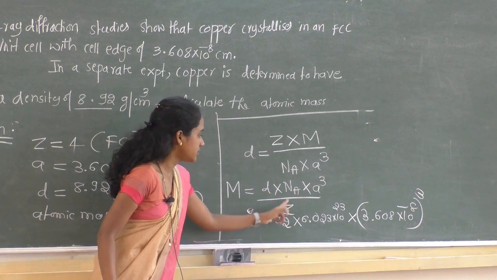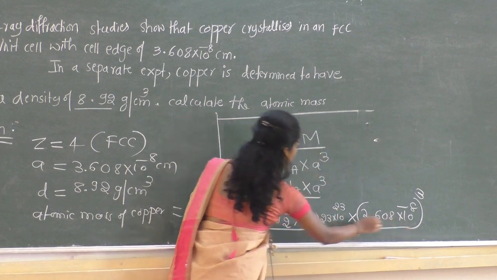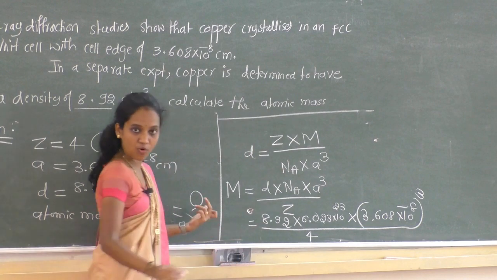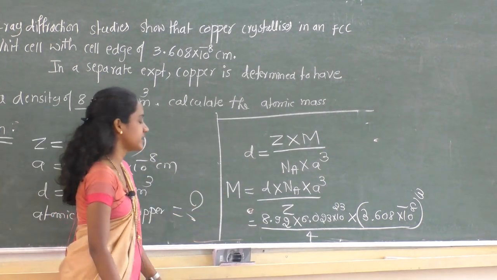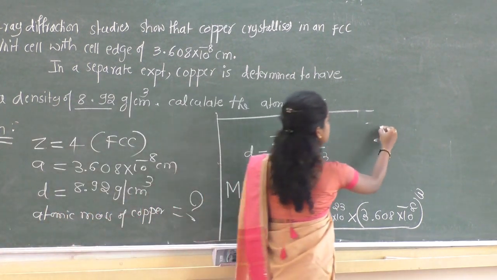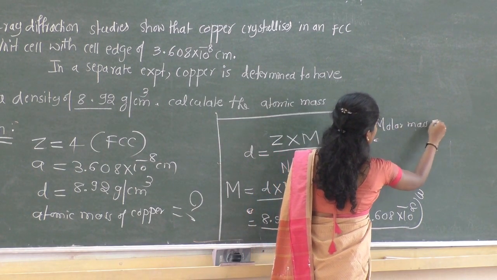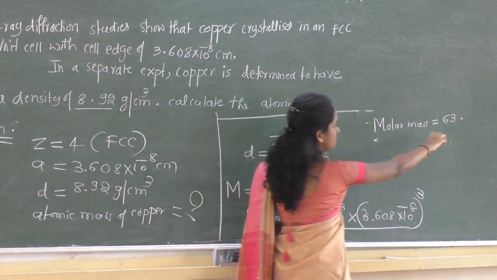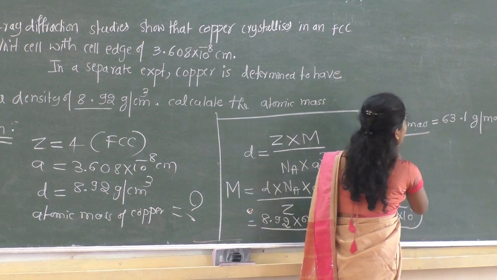So d, 8.92, into Avogadro number into a cube divided by Z. What is the value of Z? Since it is FCC unit cell, value of Z is 4. So calculate it. Whatever answer you get, I'll directly write the answer, and after that you can check. So here the molar mass is found to be 63.1 gram per mole.